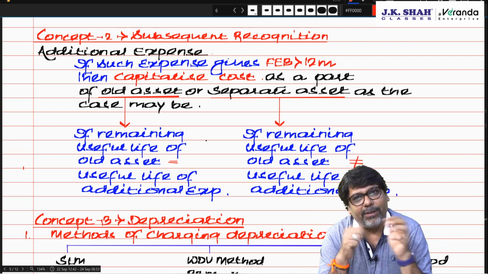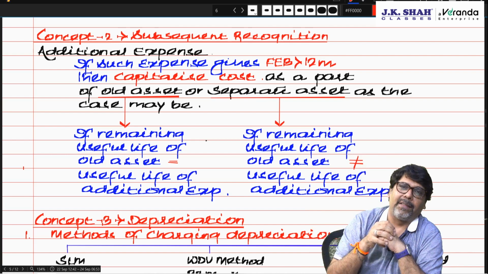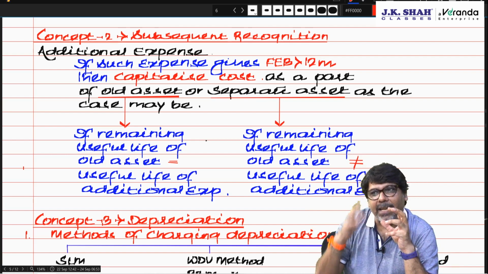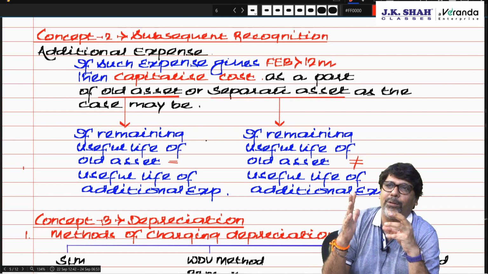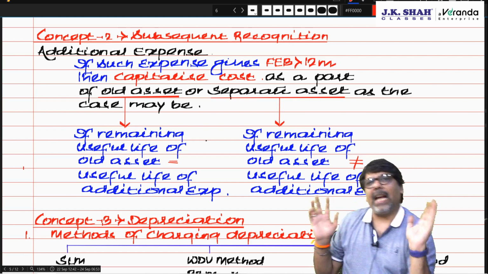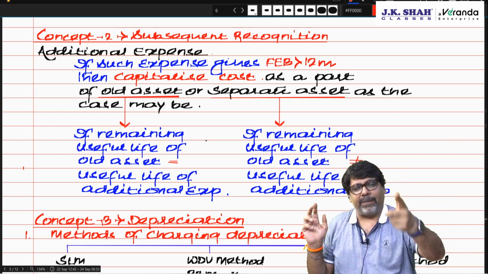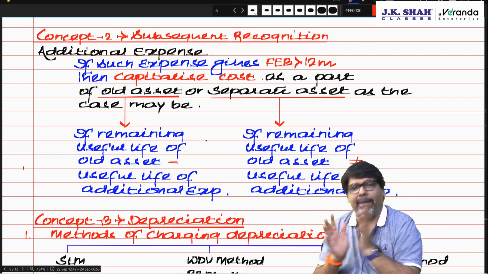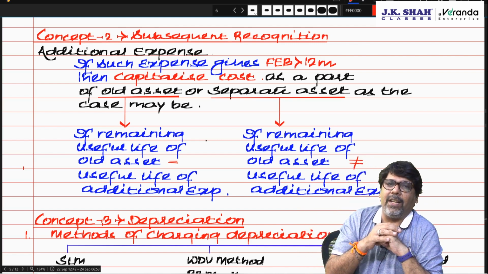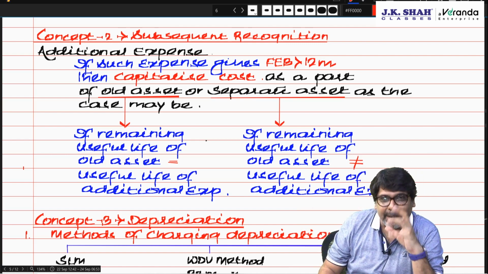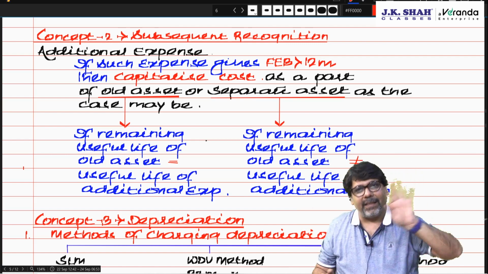Should it be capitalized? Sir, yes. Now if the conveyor belt's remaining useful life is 3 years and this expenditure's useful life is 3 years, they match, so capitalize the expenditure as part of the asset. But if the conveyor belt's useful life is 8 years and the inspection's life is 3 years, capitalize it as a separate asset.